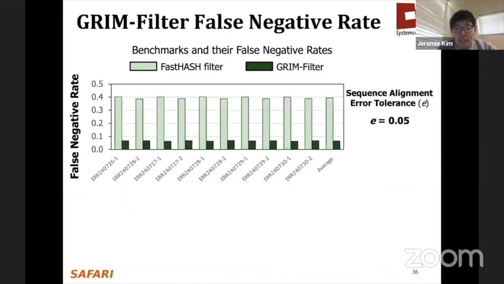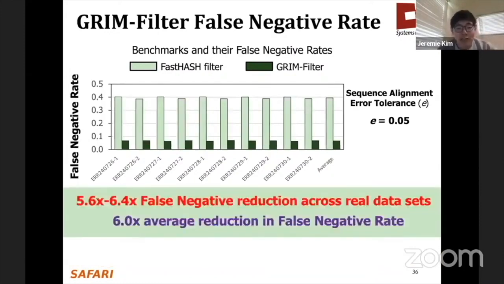In terms of the false negative rates, which are on the y-axis, we get up to 6x fewer false negatives, which means that you can check far fewer locations for alignment.